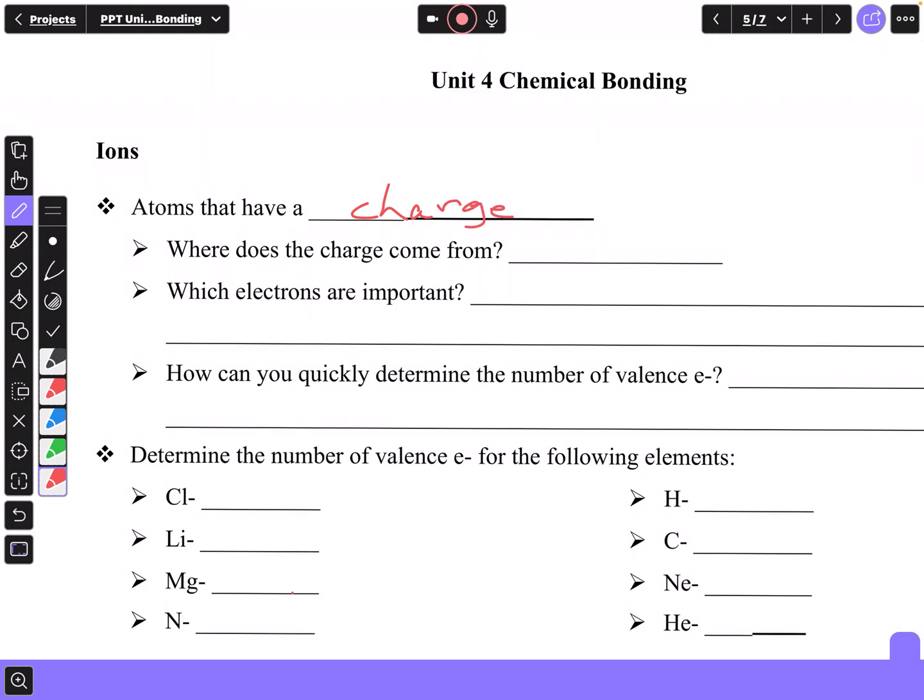Now, it can be positive or negative, and we know that cations are positive ions and anions are negative ions. Where does that charge come from? Well, it's going to come from a loss or gain of electrons.